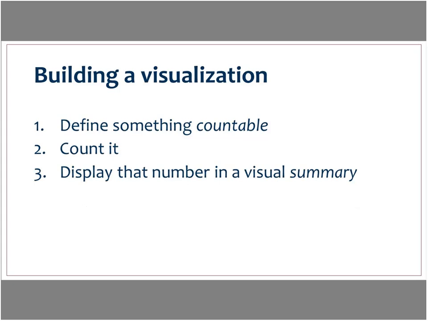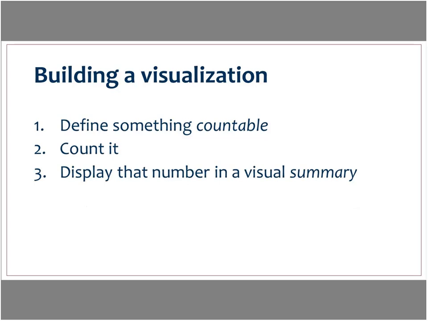So when we're thinking about building a visualization in the abstract, we start off by defining something countable. Now, the example we used just a second ago was subject headings, and subject headings are countable. Everything that's indexed in Medline has medical subject headings attached to it. I didn't start off by saying I want to find the good articles versus the bad articles, because that's not something predefined in the database.